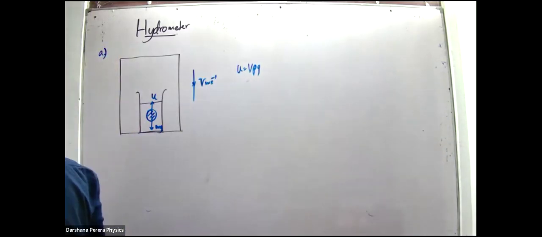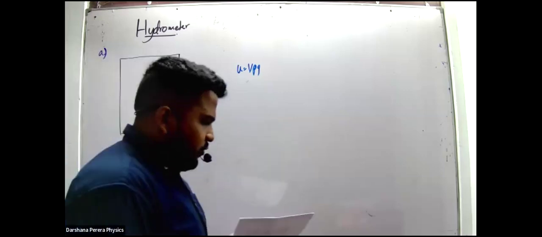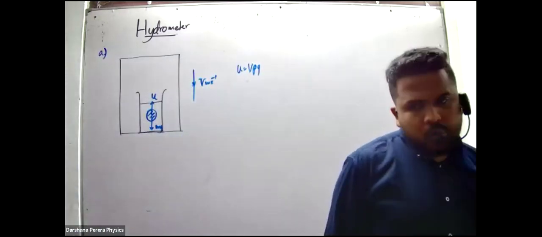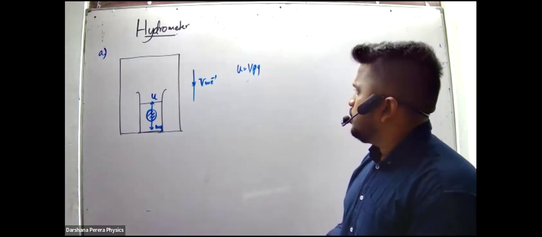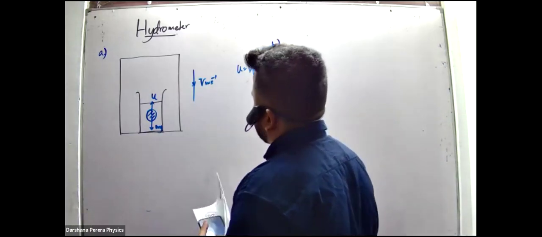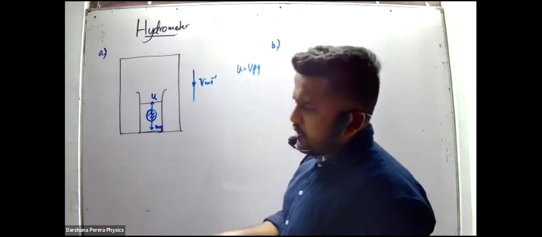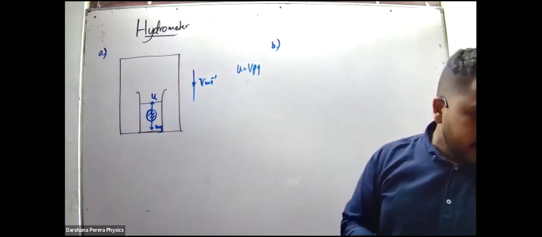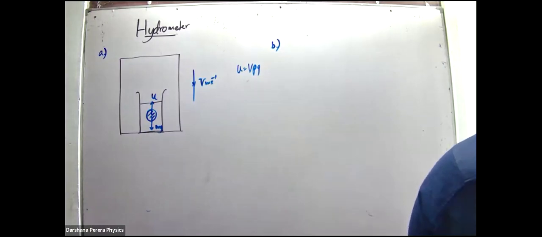A body of fluid, stationary or moving vertically with uniform velocity. Therefore, we can tell it is U equals V rho G. Okay, draw this one and write this one quickly.